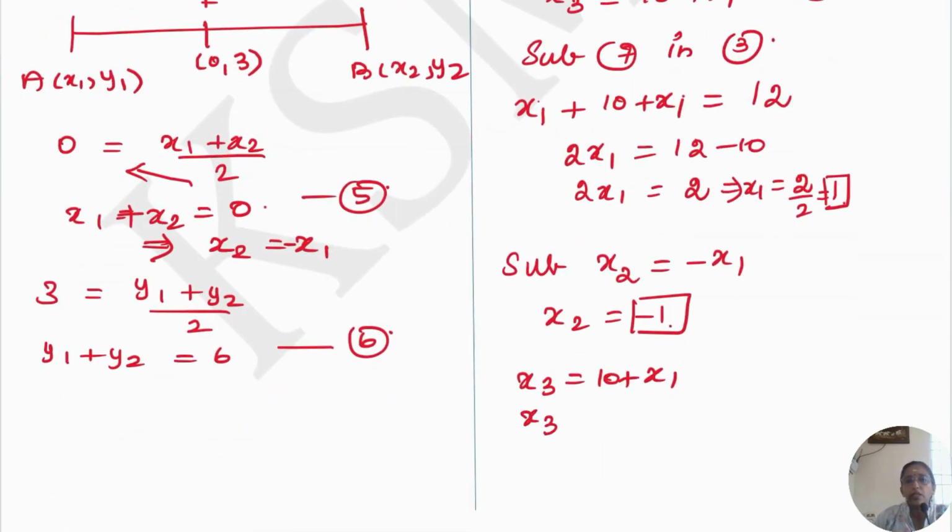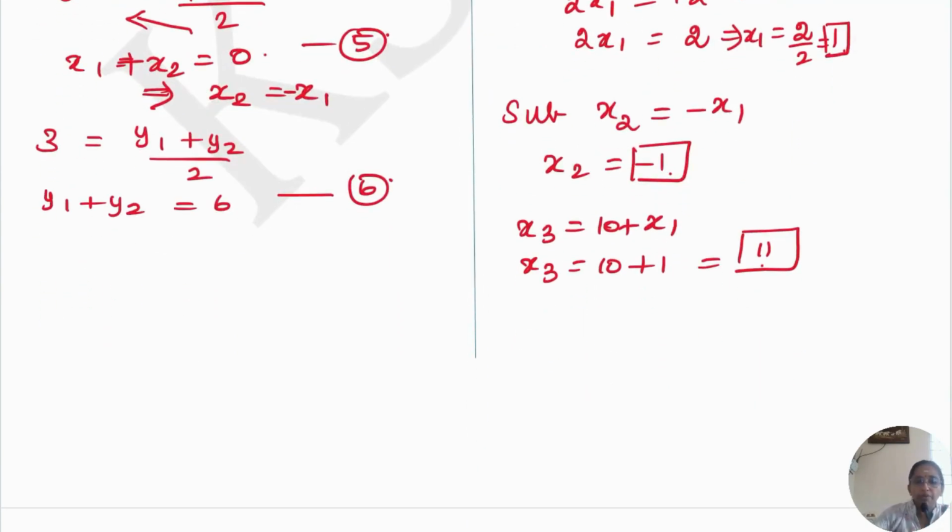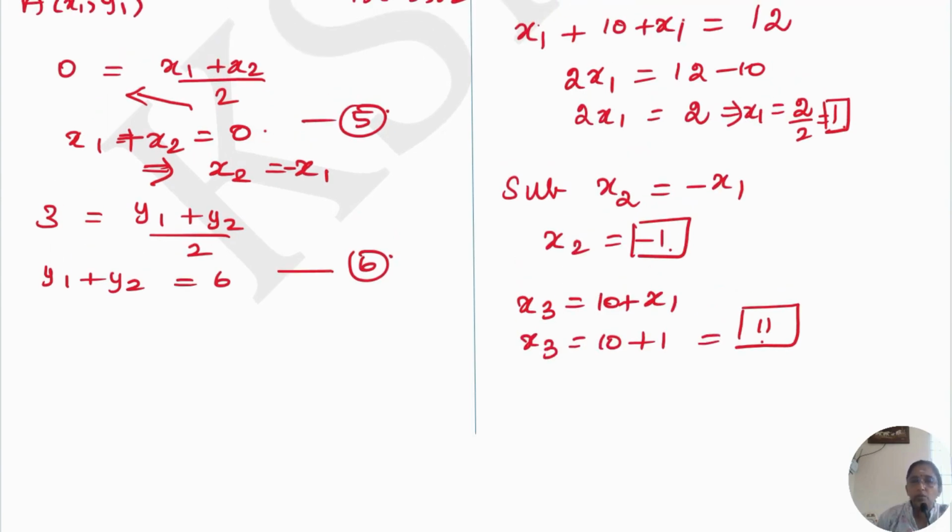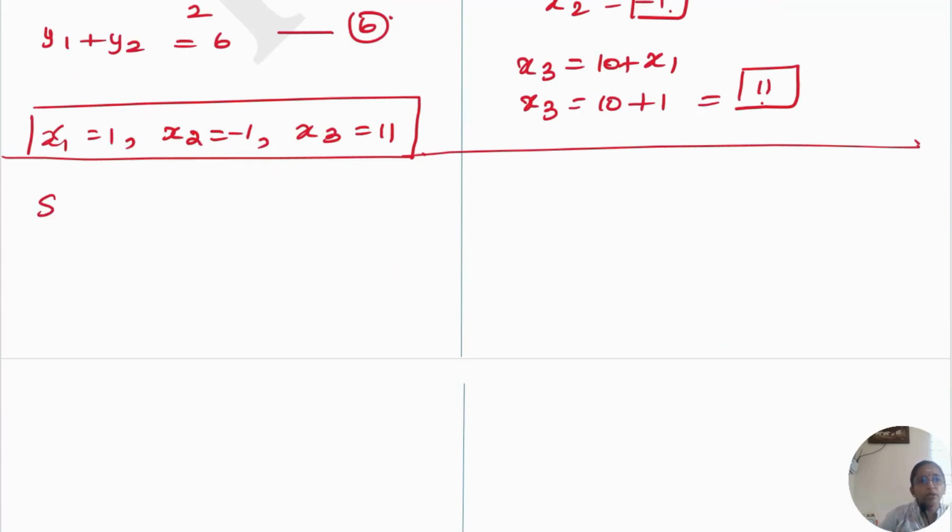So x3 is equal to 10 plus x1 value 1, so that is 11 now. In the same way we have to solve for the y coordinates also. So far we have done with the x coordinates. So we got our answer: x1 is equal to 1, x2 is equal to minus 1 and x3 is equal to 11. Now we are going to solve for the y coordinates.